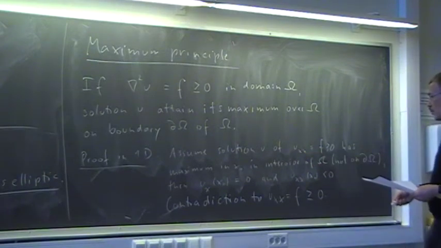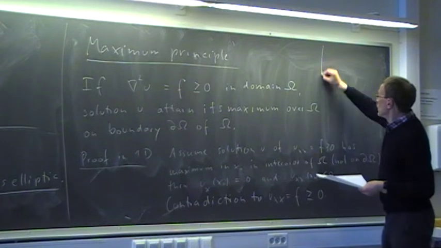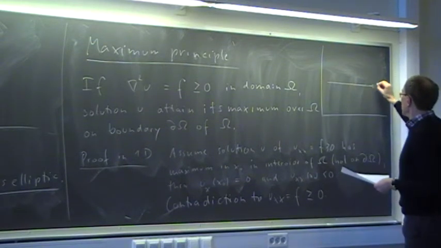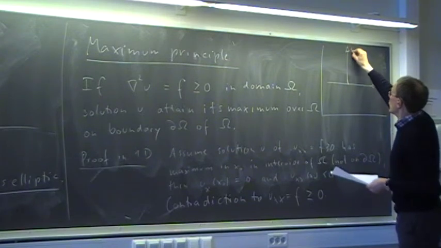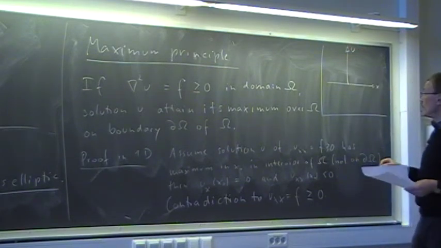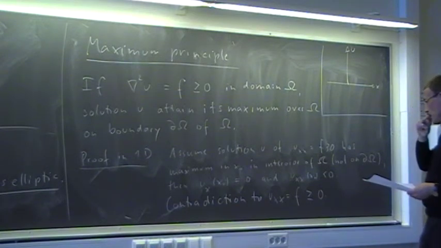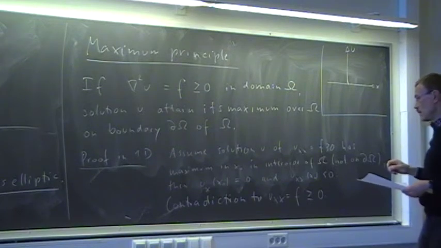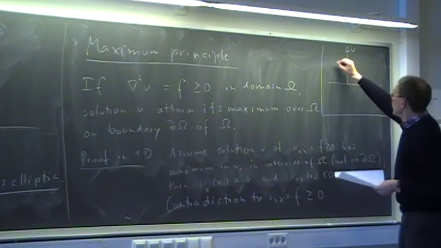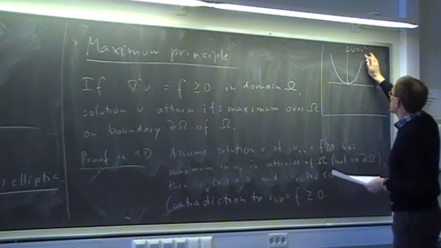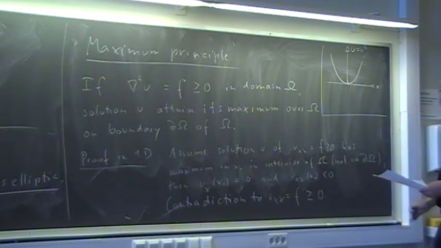Let's assume we have x and we would have u. Taking a very simple example, we have x squared, so the second derivative would be 2.